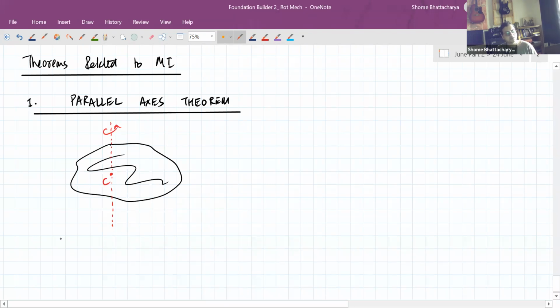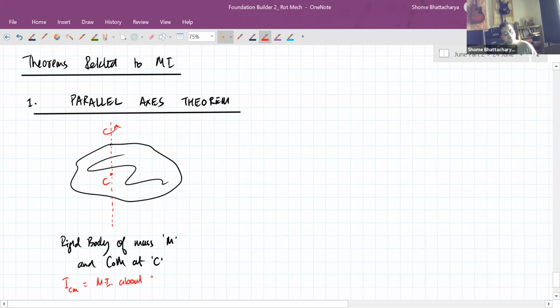So this is a rigid body of mass m and center of mass at the point C. For this now, ICM is the moment of inertia about the axis through its center of mass.